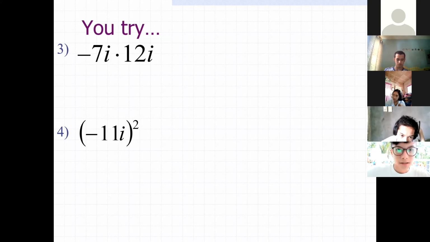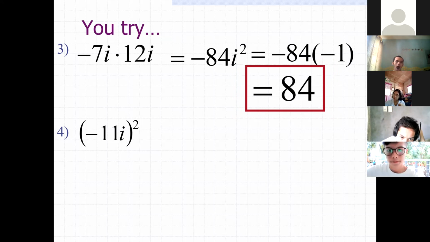Positive, sir. Very good. So the answer is positive 84, because if you multiply negative 7 and 12, that is negative 84, and i squared is negative 1. Therefore, the answer is positive 84. Good job, Trixley. How about Alex? Number 4.